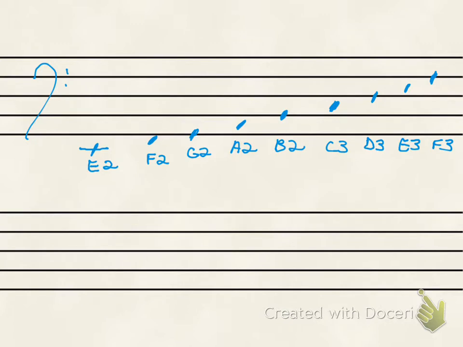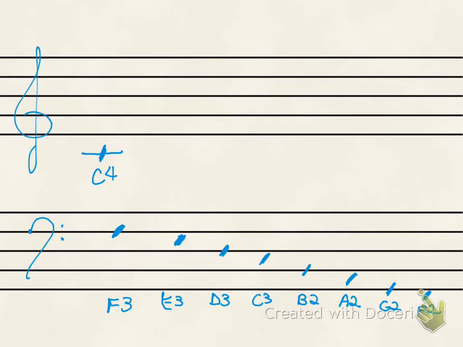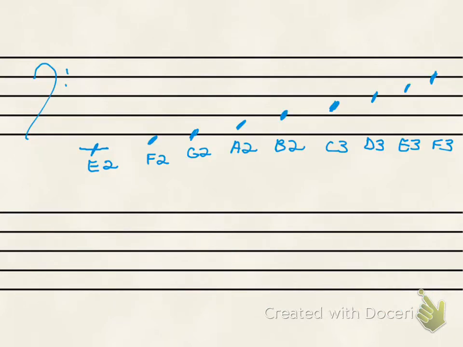Now, remember on the treble clef, let's just go back and look at that. The ledger line below the treble clef was C4. So that same C is written one ledger line above the bass clef.